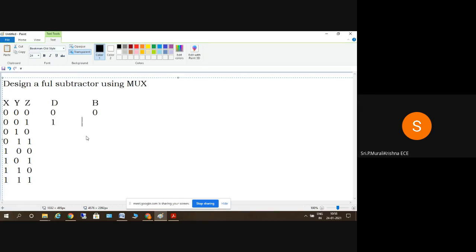Here the difference is 0 because 0 minus 0 is 0. For 0 0 1, 0 minus 1, the difference is 1 and borrow is 1. And 0 1 0, here also the same, difference is 1, borrow is 1. And 0 1 1: 0 minus 1 gives difference 1, borrow 1, and again we subtract 1 from the difference, so we get a difference of 0 and borrow of 1.